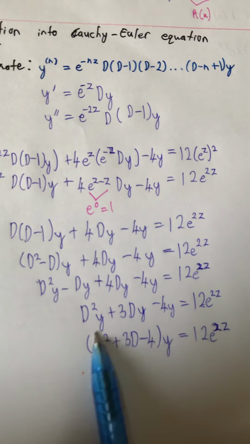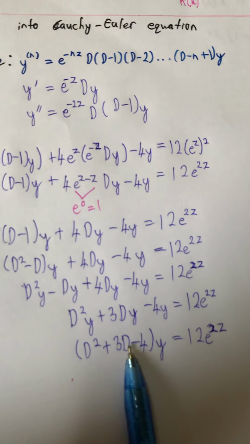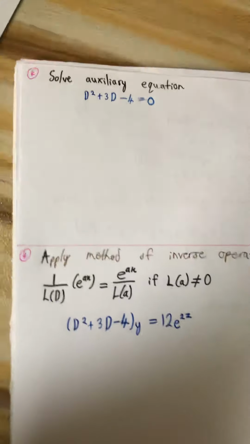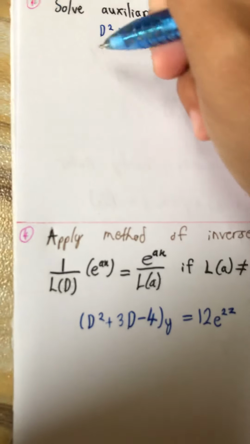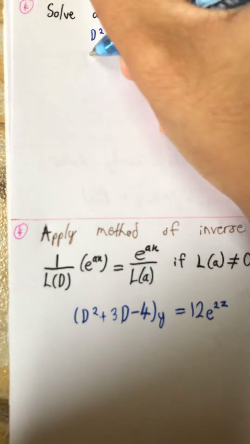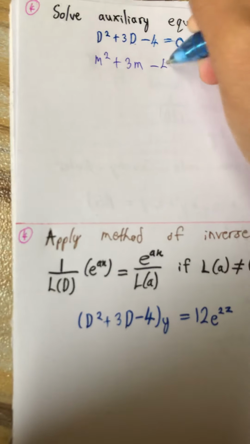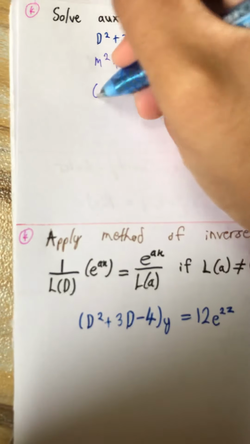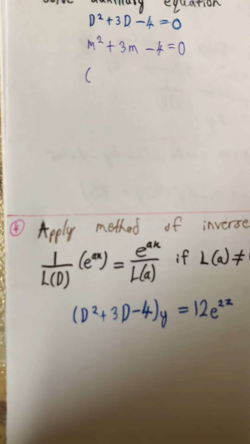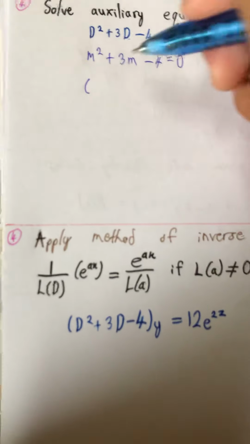So we take this part and then solve the auxiliary equation, find the root. So we get D squared plus 3D minus 4 equals 0, so we just let D equal to m, so m squared plus 3m minus 4 equals 0, and then we factor this to find the root, or otherwise we can use the quadratic equation to find the root.